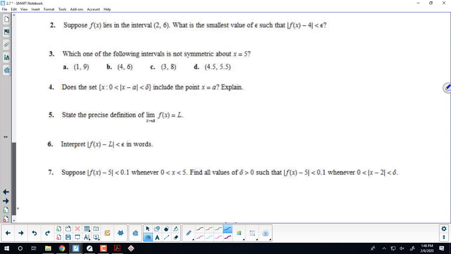So we kind of know, based on our diagram here, we kind of know it's like this situation. But what we want to know is, does that particular set include the a value? We know it includes all of these because all of these are within that window, right? Does it actually include that point right there?